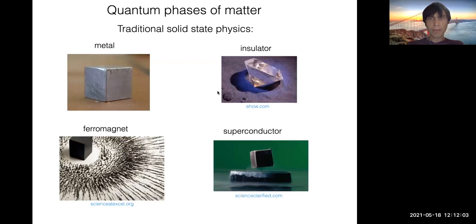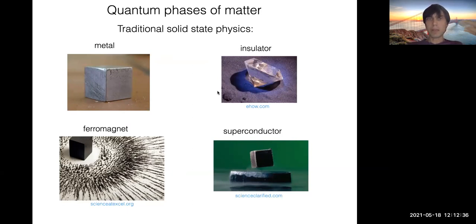Right, so I figure it's always good to start a talk with a picture. Just before I lose everybody with some dry formalism, it's good to have some pictures. So just so we're all on the same page, here is a bunch of examples of quantum phases of matter that a typical condensed matter theorist or experimentalist would study.